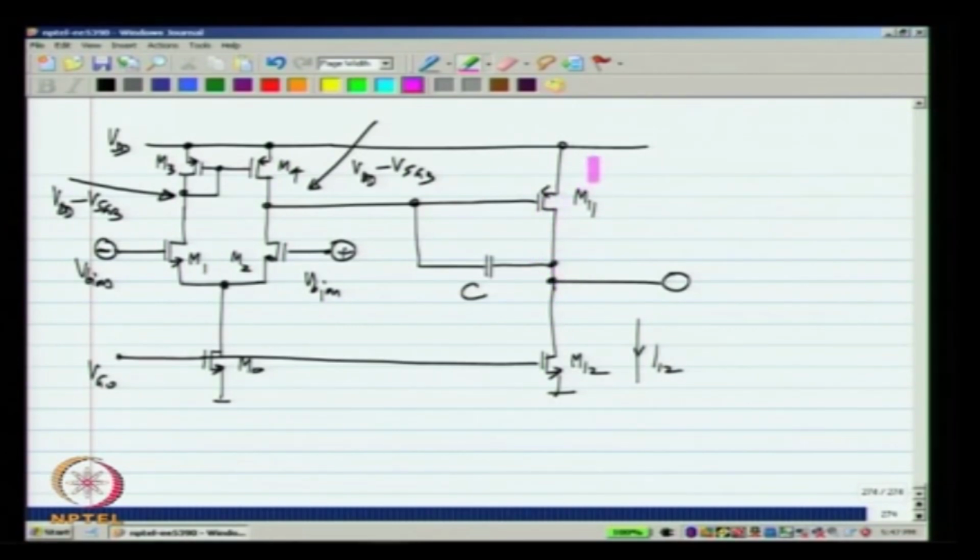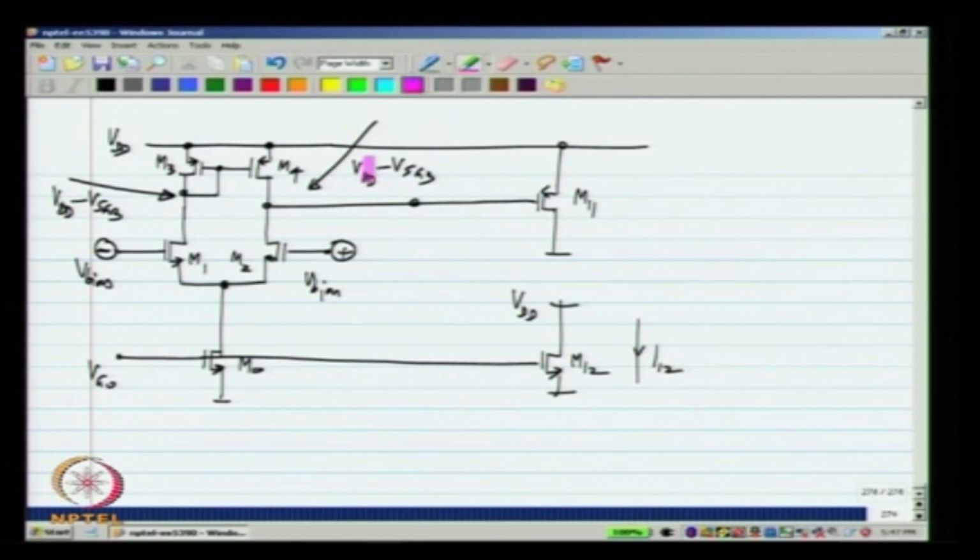Now, what will be the current that M11 carries if it happens to be in saturation region? To imagine this, first of all we are discussing DC situation, so we can neglect the capacitor. Let us say I connect the drain of M12 to VDD and M11 to ground. In this case, these transistors will be guaranteed to be in saturation, and I have some current I12 here, which is the intended bias current for the second stage.